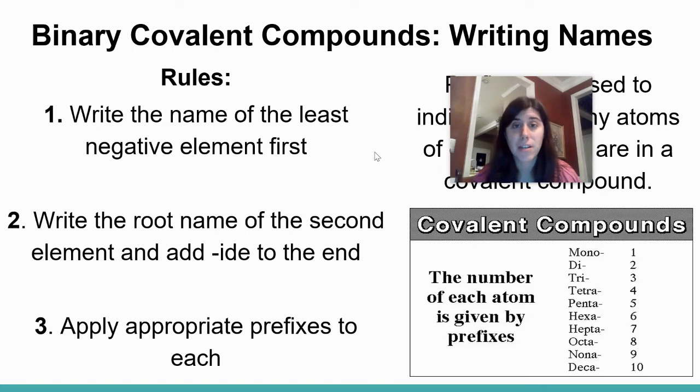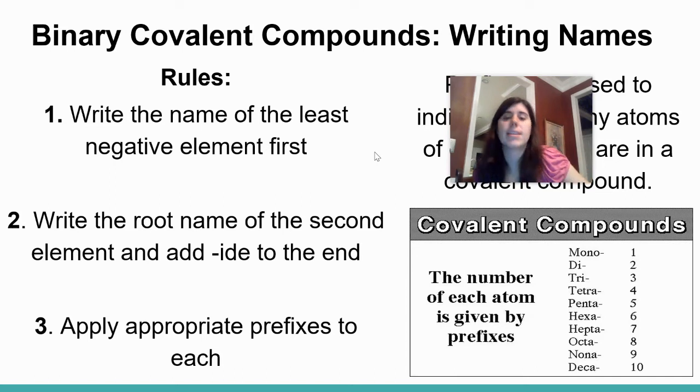So dihydrogen means 2 hydrogens. For oxygen, since there's only 1, we're going to use the prefix mono. So we say dihydrogen monoxide, and that tells us there are 2 hydrogens and 1 oxygen. Now, mono is only going to be used for the second element. It does not need to be used for the first element. The first element, we can understand that it's 1. You don't need to put mono in front of the first element.